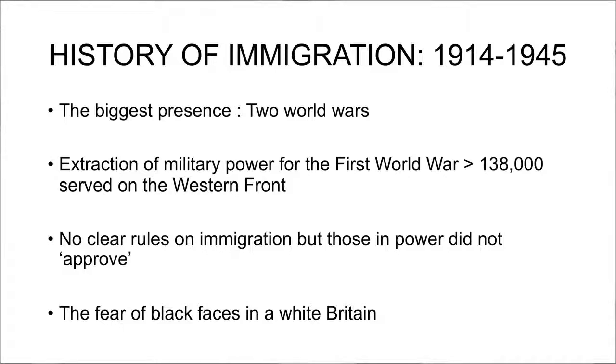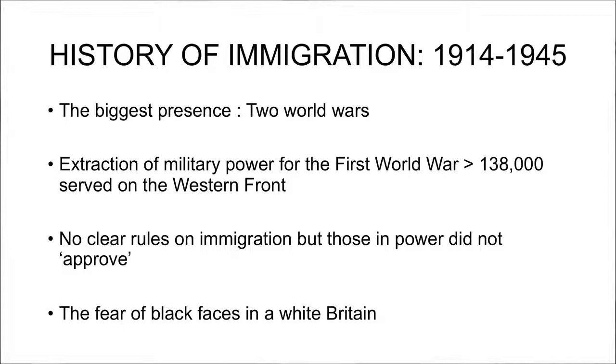Thousands of men from the empire moved and fought for the British in the First World War. 1.3 million Indian people fought for the British, and 138,000 of them served on the Western Front. There were no clear rules on immigration, but again it was seen as: you do this for us because you are under our power and we want to extract your value.